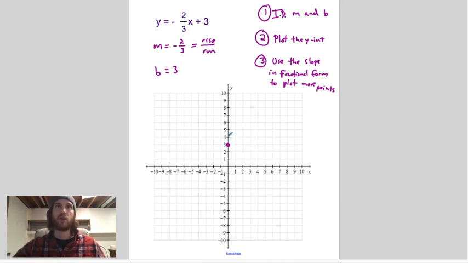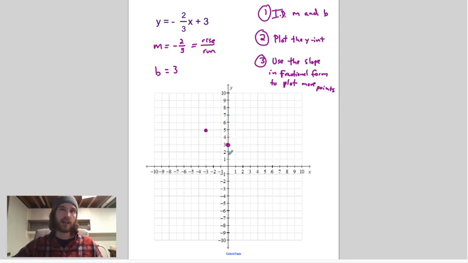So if let's say I go up 2, if I want my line to be negative, I know I'm going to have to go in the x direction 3. But if I want my line to be negative, I have to go to the left. If I go to the right, it'll be slanting uphill. So I'm going to go up 2 and to the left 3, and I pulled those numbers from right here, and I know it's got to be negative. Great, fantastic.